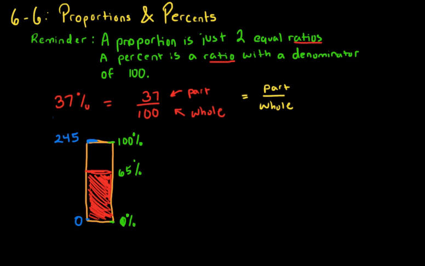So what we want to know is, how many gallons do you have in that hole? Well, we can set up a proportion. The part that we have here is 65 out of 100%, or 65%. That's 65 over 100.